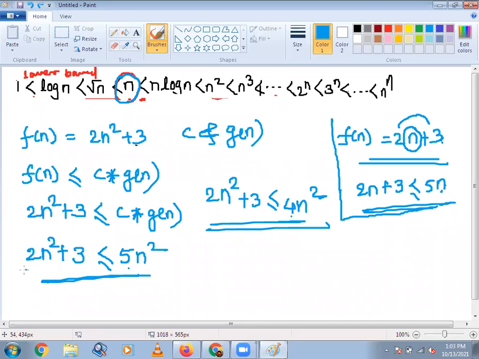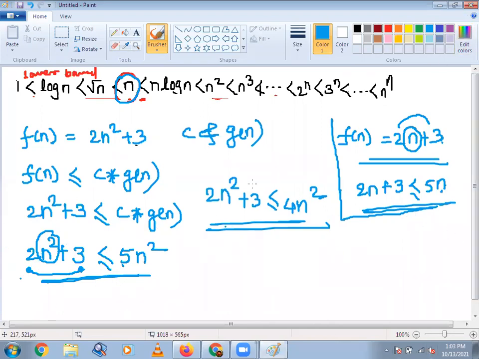So there is a technique to find C: take the addition of these coefficients, into the largest power of that variable. Here the variable is n, the largest power is square.